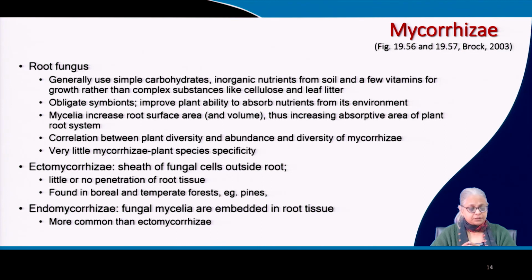One is ectomycorrhizae, which is the sheath of the fungal cells outside the root, and endomycorrhizae, where the fungal mycelia are embedded in the root tissue. You can see all these figures in the text. So in the first case, there is little or no penetration of the root tissue, unlike the second one, and those are more common in boreal as well as temperate forests, so pines and so on.